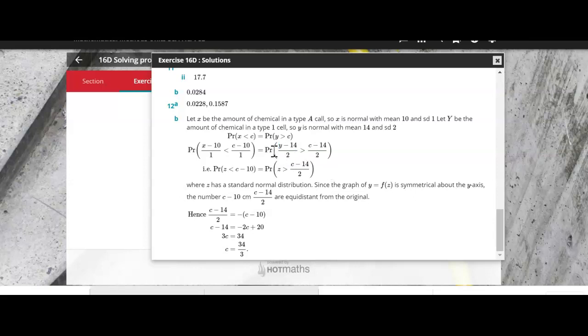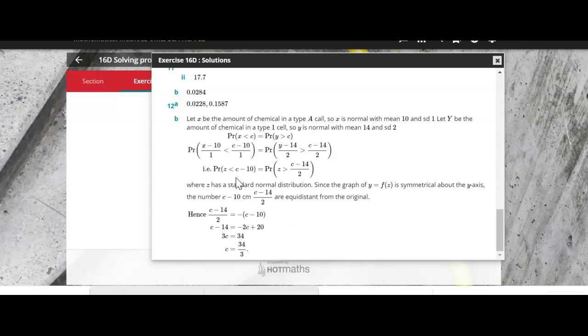Basically your z value has to be less than (c minus 10) and has to be greater than (c minus 14) on 2. Where it says hence down the bottom here, you're now solving for c.